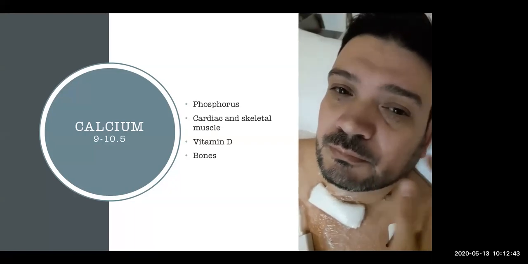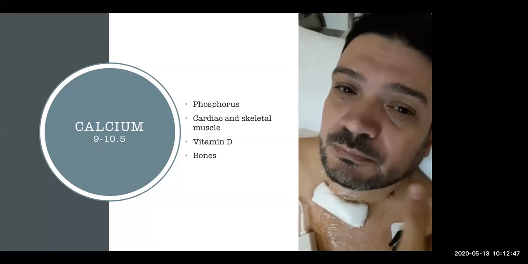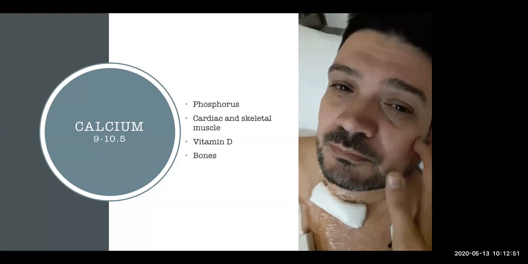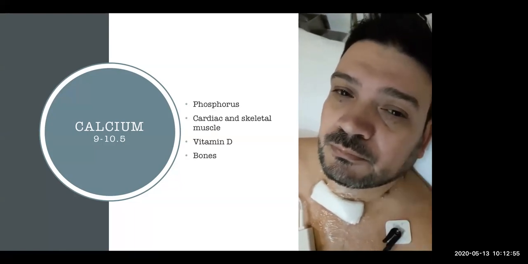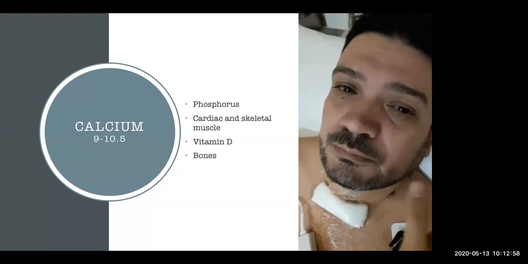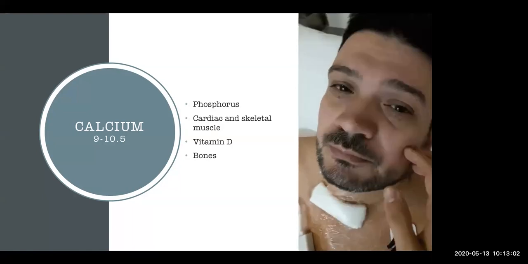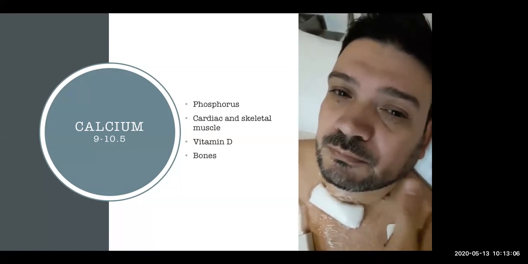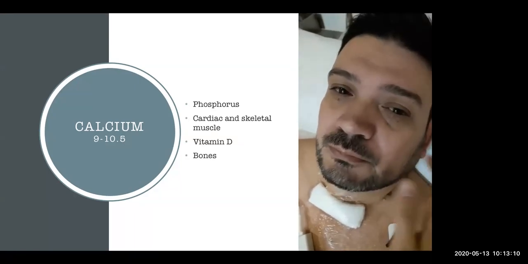Low calcium can cause tetany and muscle tremors, as well as cramps and paresthesia, especially oral paresthesia. What you see being performed here is they're tapping on that facial nerve to test for Chvostek sign. And you can see that this gentleman has a bandage on his neck because he probably had a parathyroidectomy, meaning he had his parathyroid glands taken out.